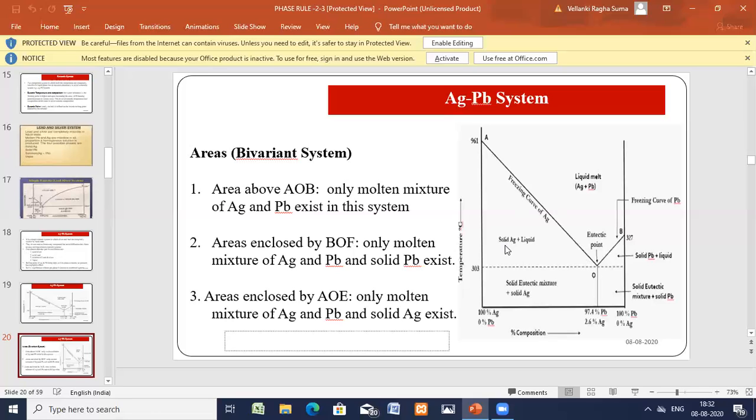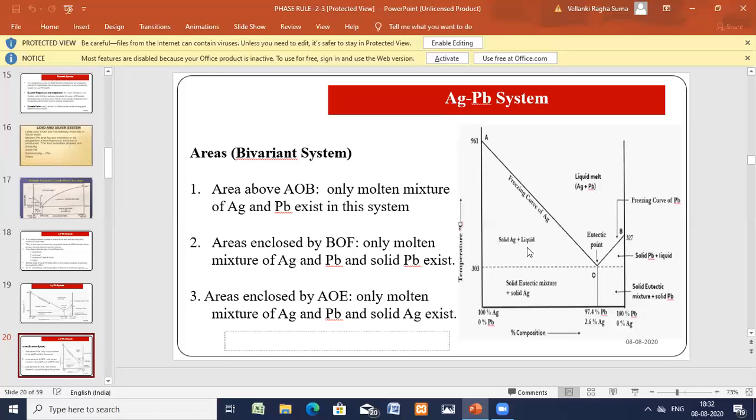F is equal to C minus P plus 1. Components are Ag and lead, so C is 2. Phases are the solid and the liquid, so 2. F is 2 minus 2 plus 1, so F is equal to 1. This is univariant, and this is univariant, whereas the other area is a bivariant system.